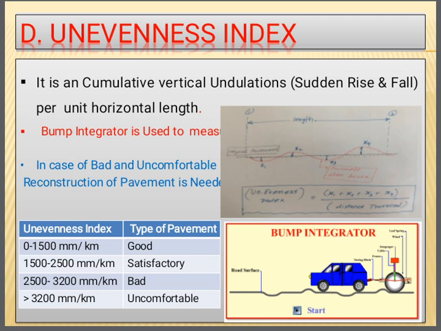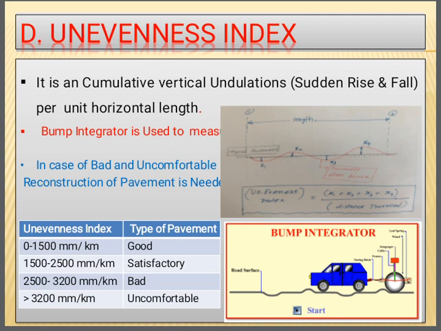In case of bad and incompatible pavement, there is a need for reconstruction of pavement. If a number of unevenness has formed over the road, that pavement should be reconstructed.